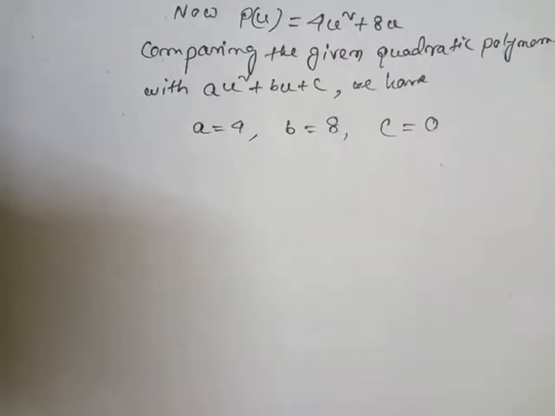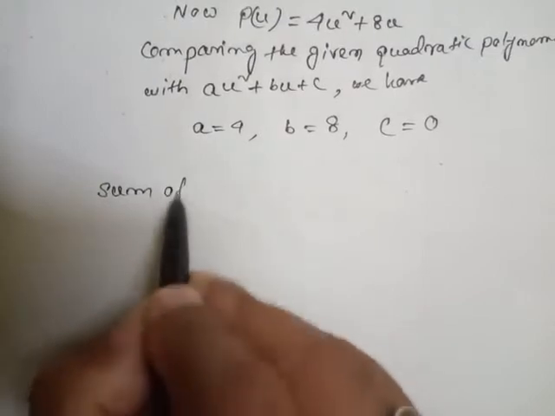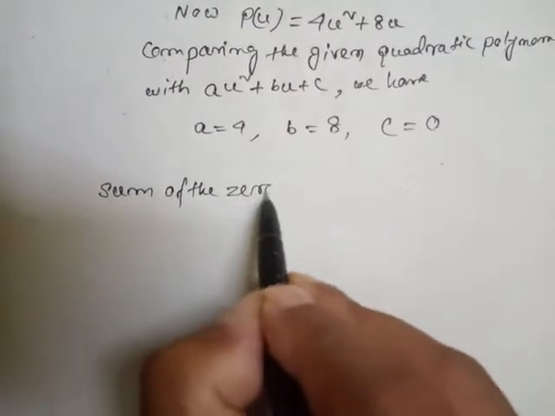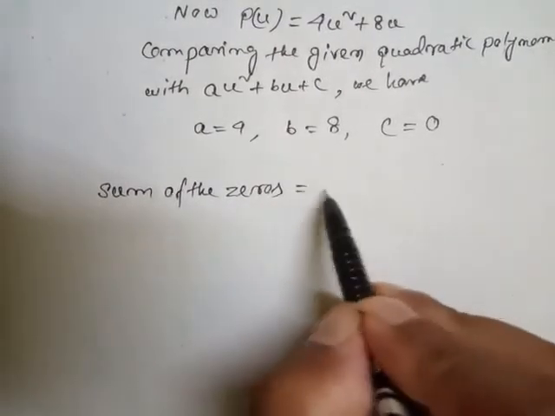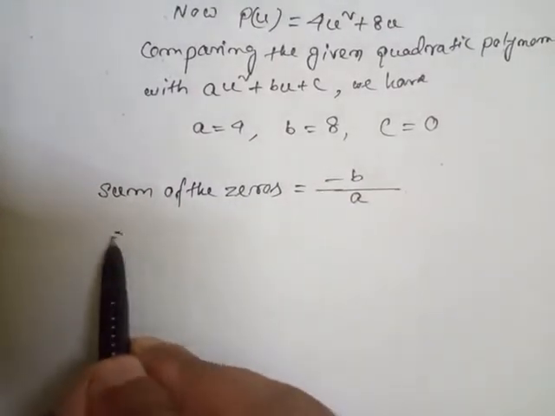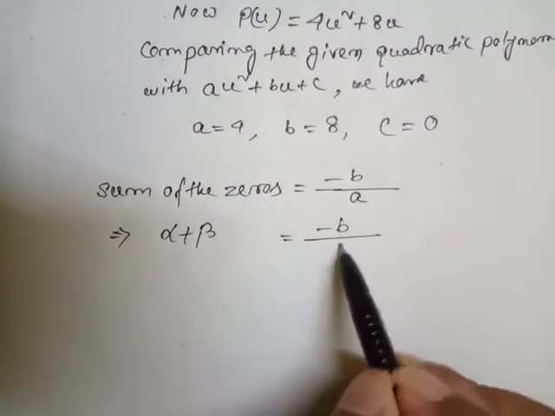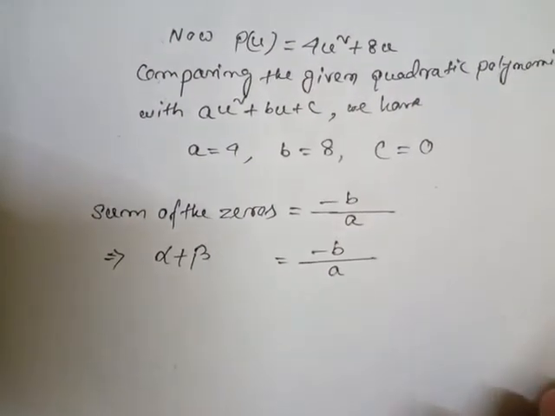Now students, we have to find the sum of the zeros, for which the formula is minus b by a. If it is the sum of the zeros, we can write here alpha plus beta equals minus b by a. Now what is the value of alpha here?